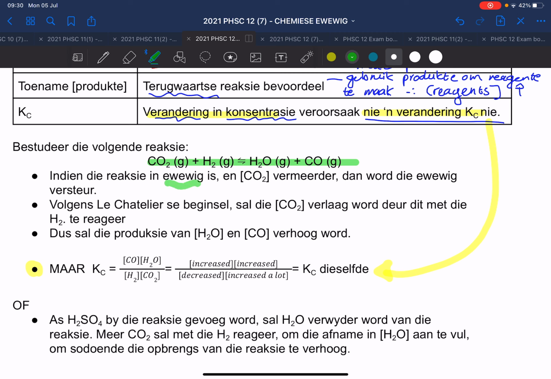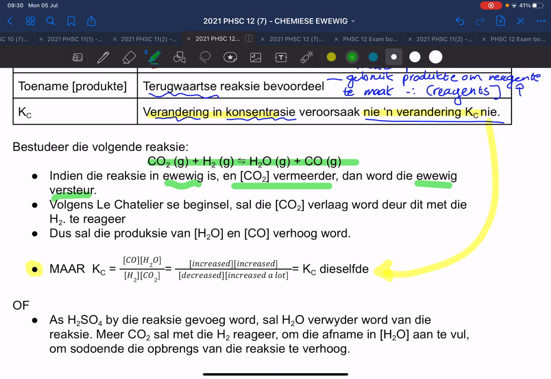Indien die reaksie in ewewig is, en ons vermeerder die konsentrasie van die koolstofdioksied. Okay. Dan sê hulle die ewewig word versteur. Ja, check. So, we have this equation here, it was at equilibrium, and now, en toe maak ons hier die konsentrasie meer.